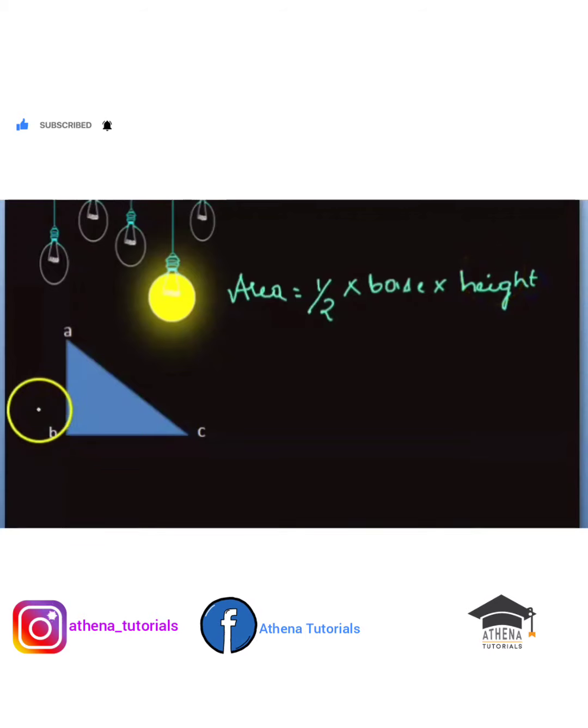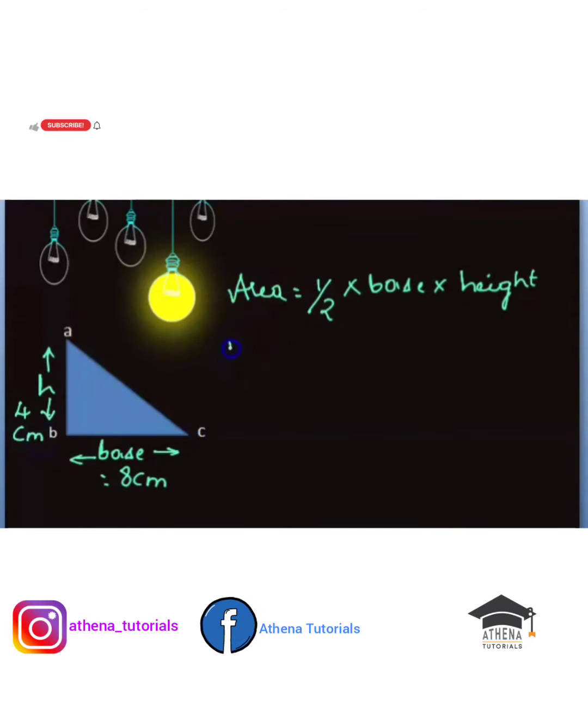The base of the right angle triangle is BC, so this will be the base, and height is AB. I'll write it as H, that is nothing but height. Consider they have given the values of base and height, that is, base is equal to 8 cm and height is 4 cm.